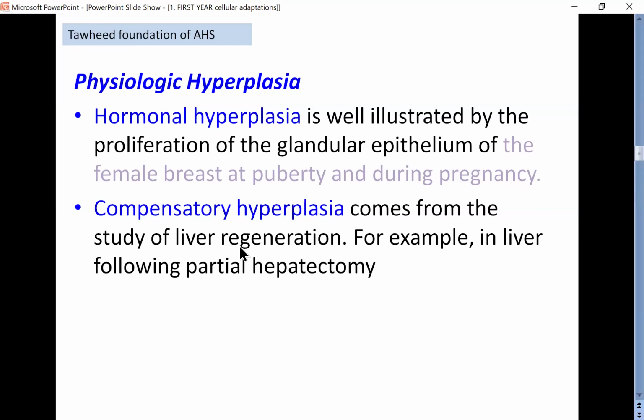Compensatory hyperplasia in liver degeneration. For example, let's take a severe alcoholic, a person who has a habit of consuming alcohol every day for, let's say, 5 to 8 or 10 years.